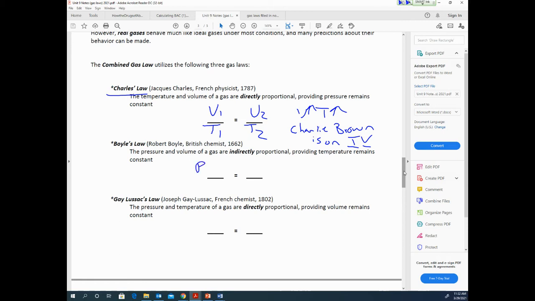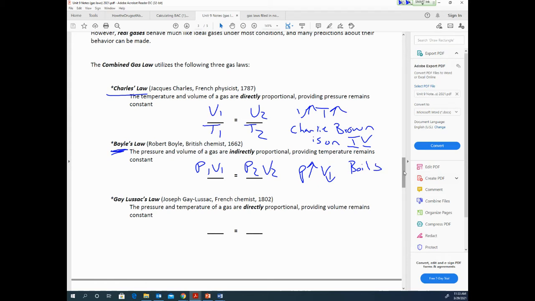For Boyle's law, it was P1V1 equals P2V2, so those are multiplied. They are inversely proportional, meaning if one goes up, the other goes down. So if my pressure increases, then my volume must have decreased. To remember what Boyle's law deals with, instead of writing Boyle's like his name, you write boils, B-O-I-L-S, like a yucky boil or wart on someone.